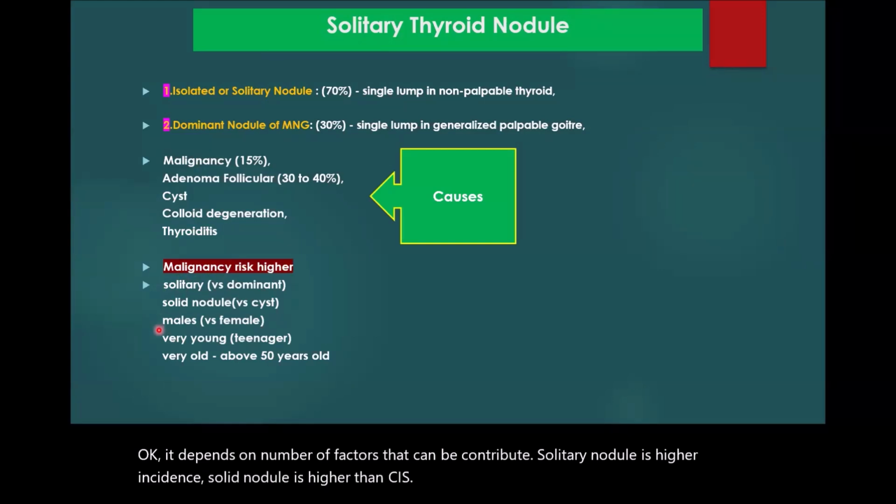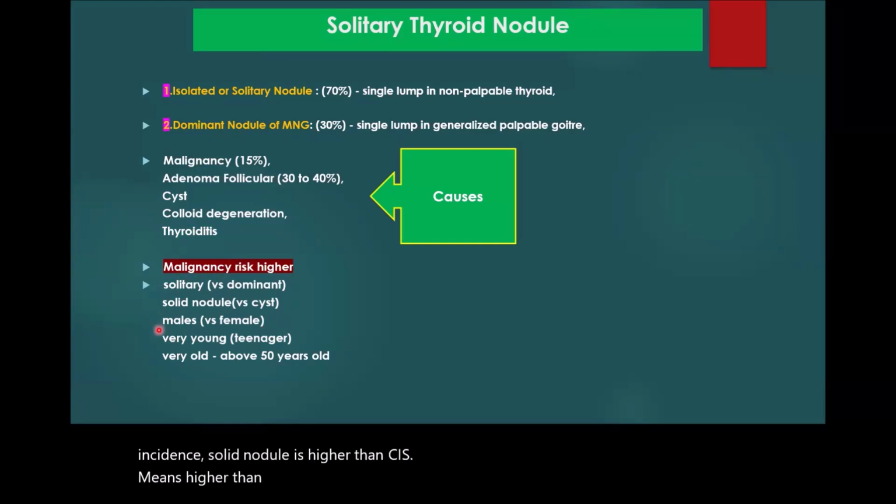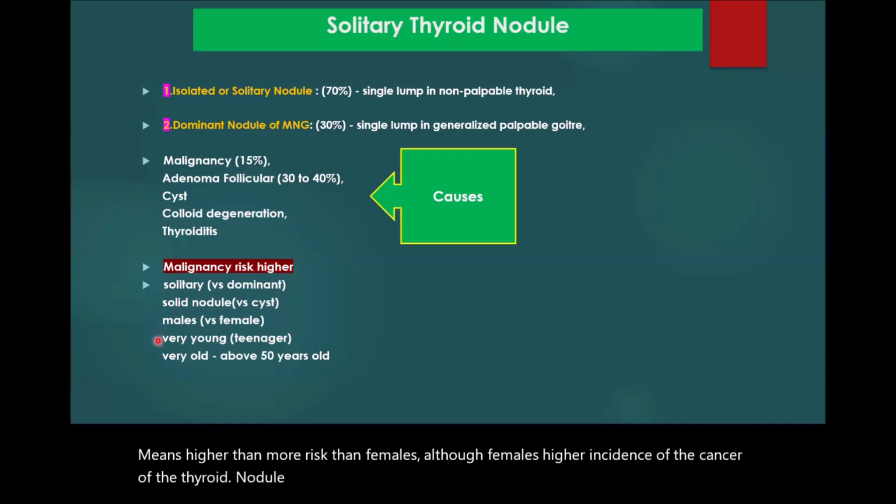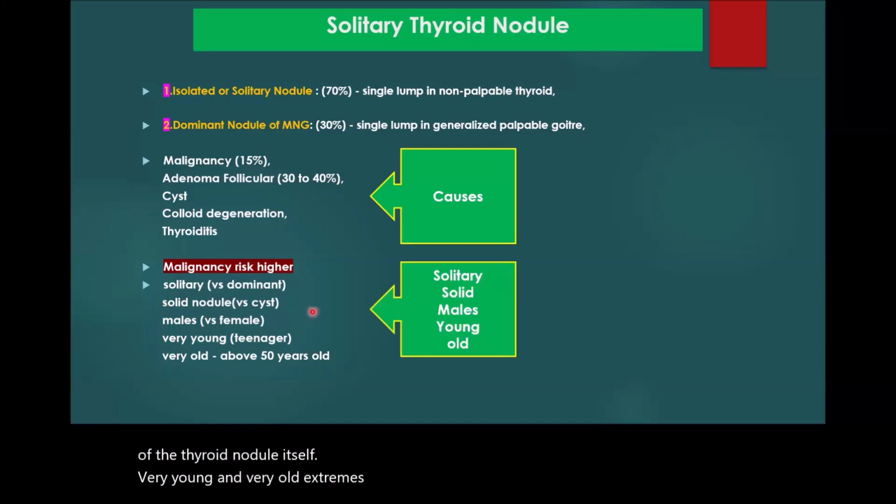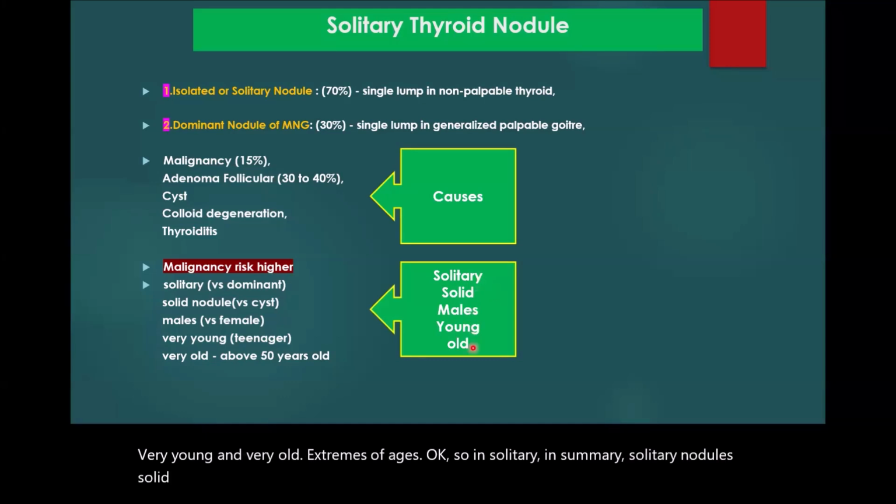Males are at more risk than females, although females have a higher incidence of cancer of the thyroid nodule itself. Very young and very old, extremes of ages. Okay, so in summary, solitary nodules, solid, males, young and old age. So these are the risk factors of the nodule becoming malignant.